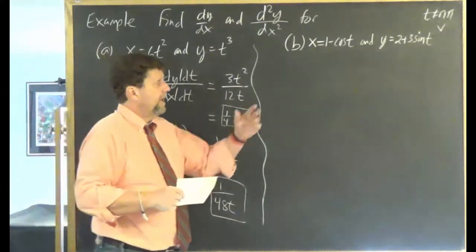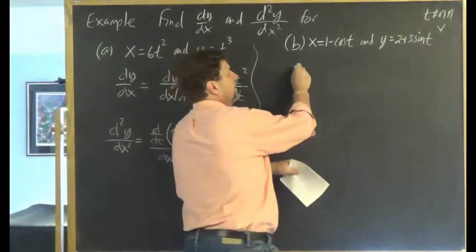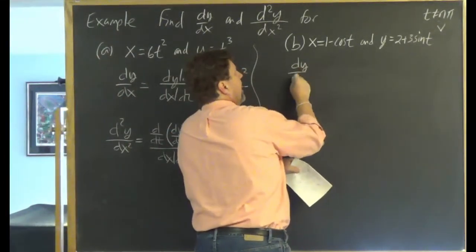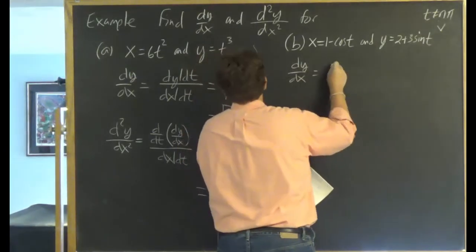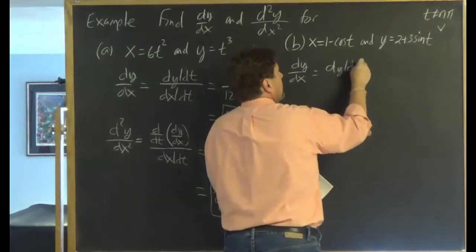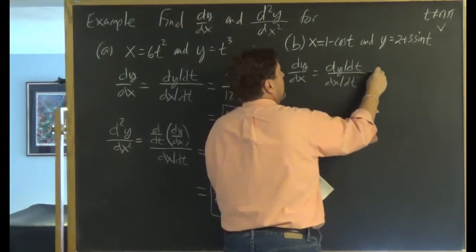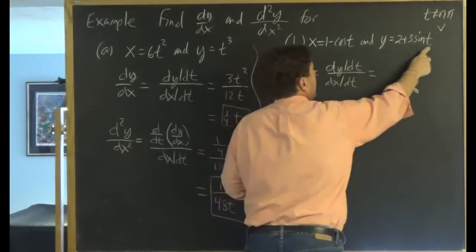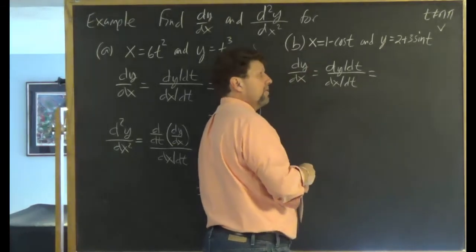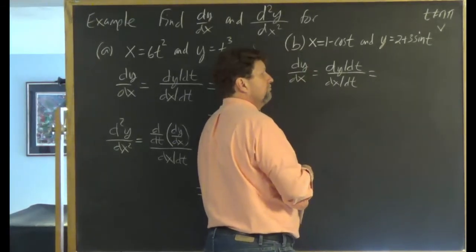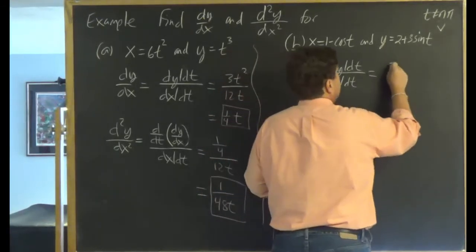All right, part B, derivative. So you should have written down the derivative, dy/dx. It's dy/dt over dx/dt. So dy/dt, the derivative of 2 plus 3 sine t, that's 3 cosine t.